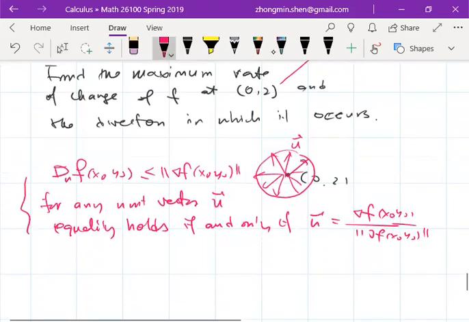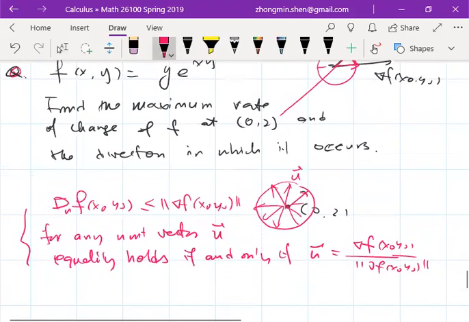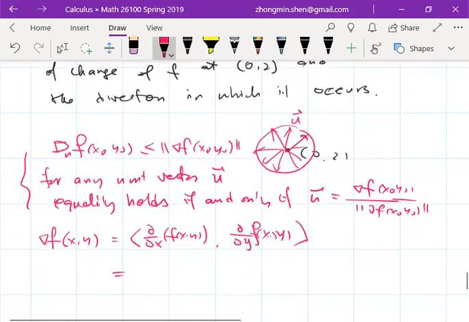So find the gradient of the function. I can write down the gradient immediately, right? The partial derivative with respect to x, because this is y e to the xy, is going to be y squared e to the xy.